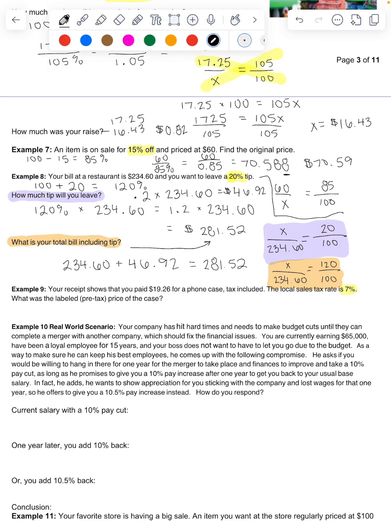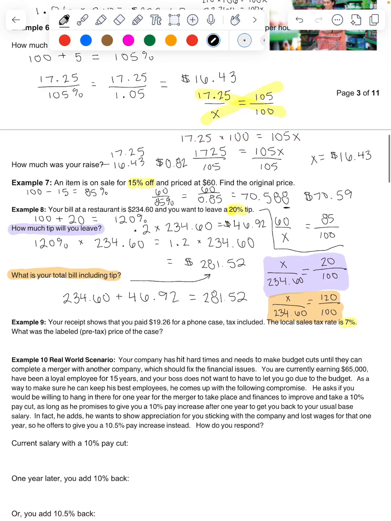Well, I know that the tax rate is added on, so I'm paying 107% of the original.